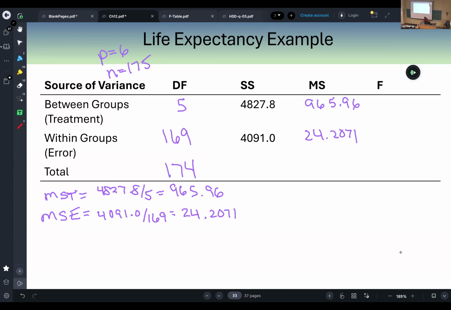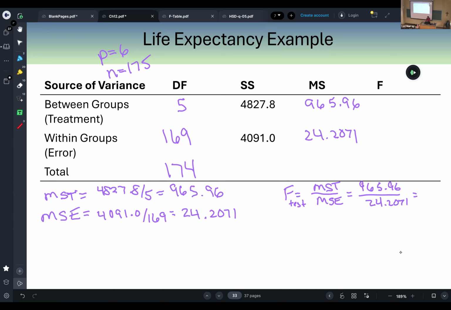And then we want to do the F test. The F observed, that's the F test. It's going to be the MST, and always put the MSE in the denominator. So that's going to be 965.96 divided by 24.2071.